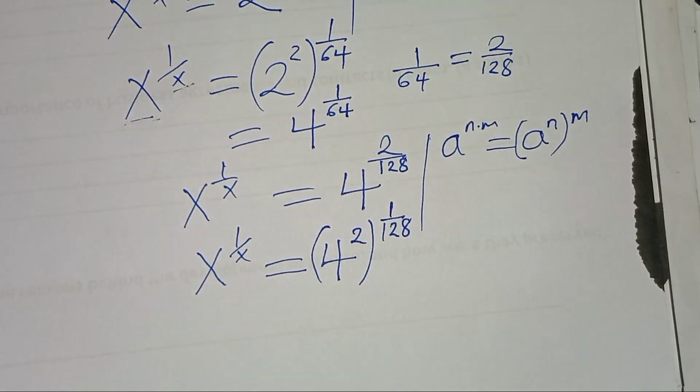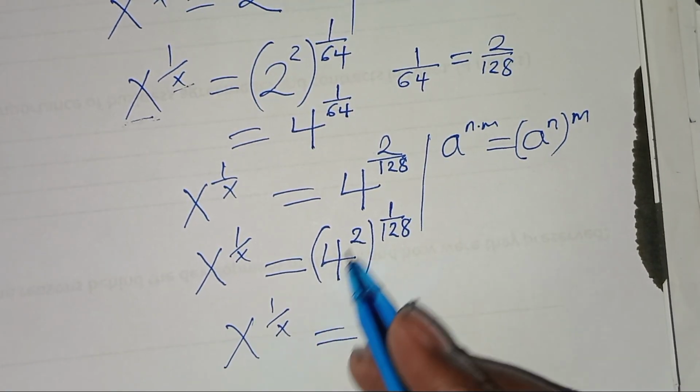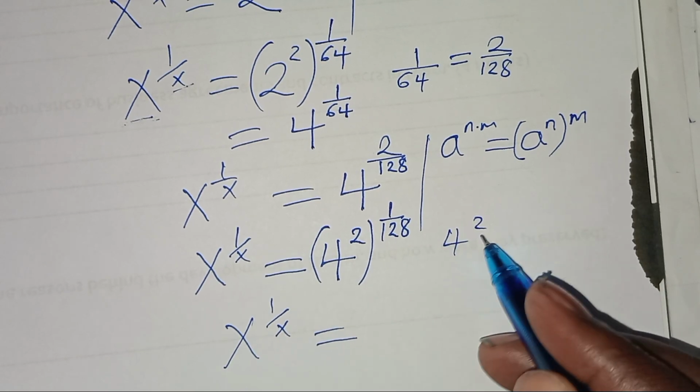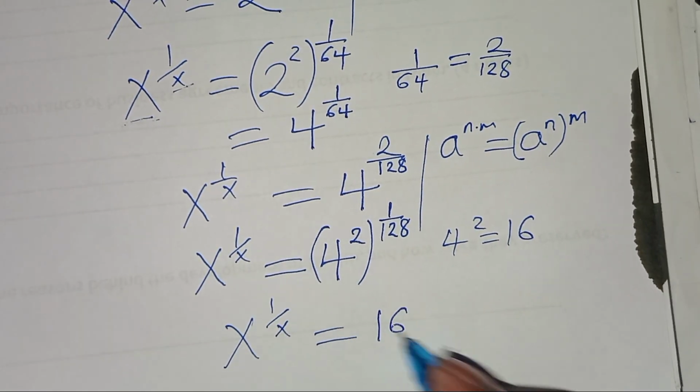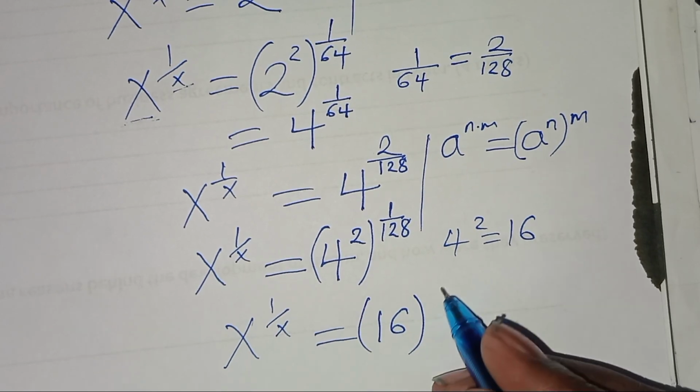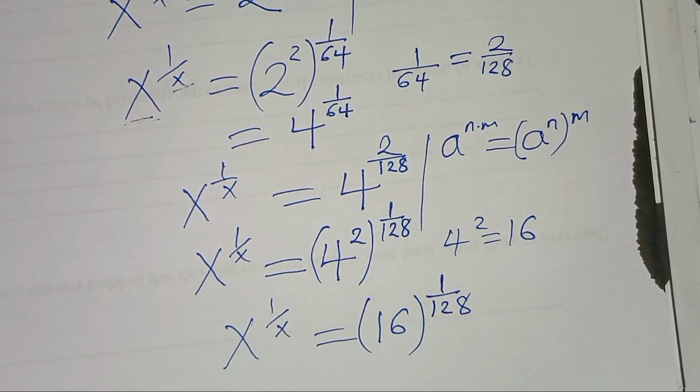The next step: x to the power 1 over x is equal to 4 squared, which is 16. So you'll have 16 raised to the power 1 over 128. So let's proceed from here.